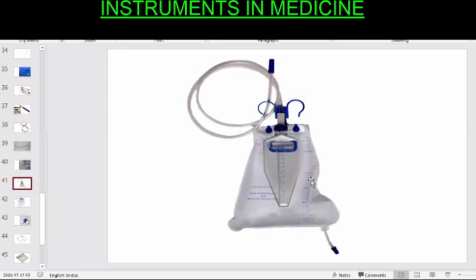Once you measure it, you can just tilt it and the urine will drain into the urine collection bag. The advantage is that hourly urine output can be measured and you can appropriately manage the patient. If the urine output is less and blood pressure is also low, or you feel the patient is hypovolemic, then you can give fluids and hydrate the patient. Or if the patient is hypervolemic, you can give diuretics, loop diuretics.